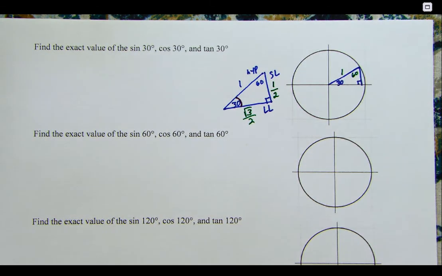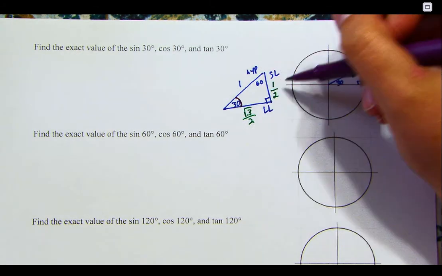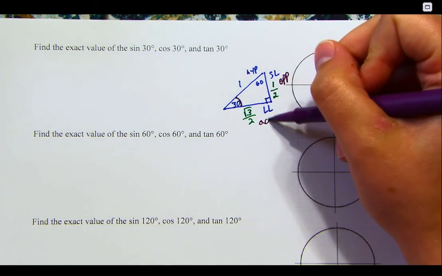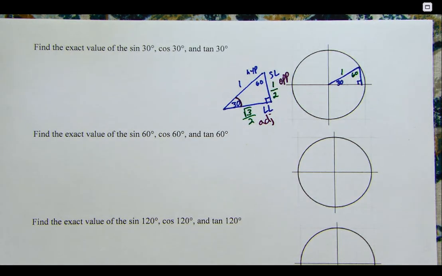So if this is my angle theta, the side across from it is the opposite side, the side next to it is the adjacent side, and the hypotenuse is still going to be the same.